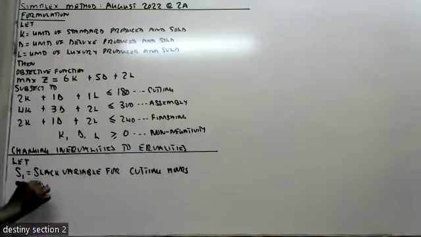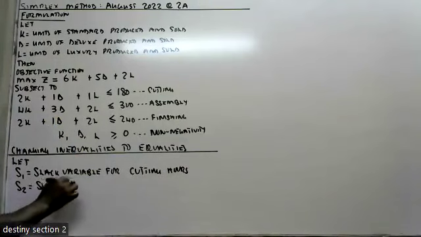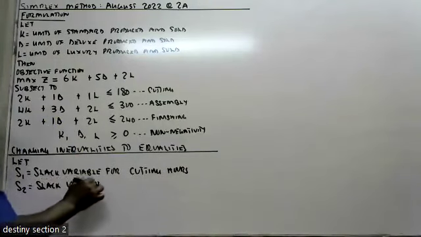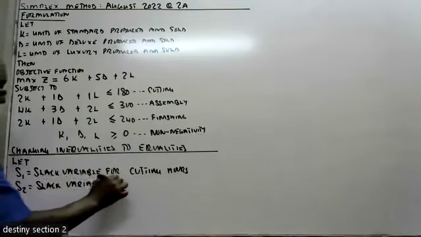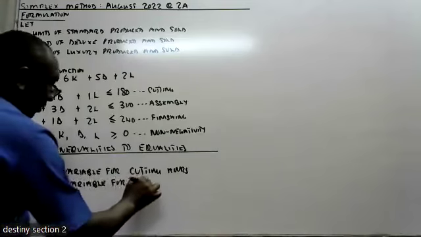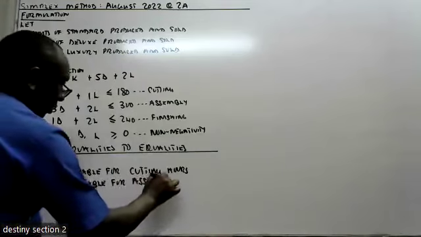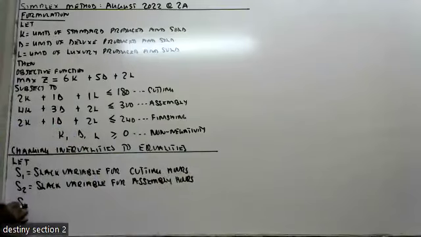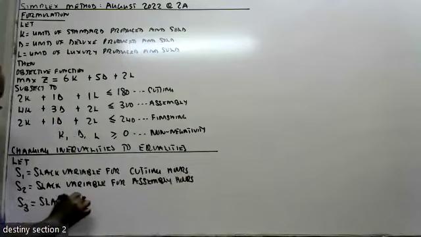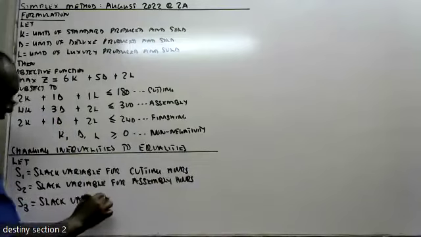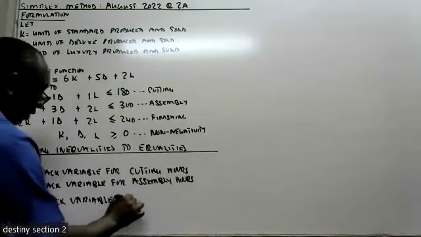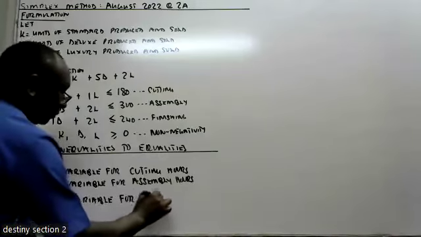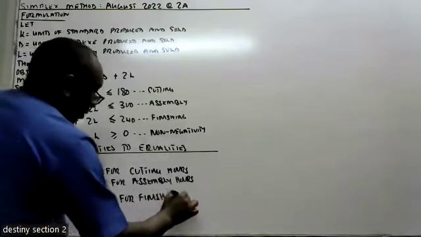S2 to be the slack variable for assembly hours. S3 to be the slack variable for finishing hours.